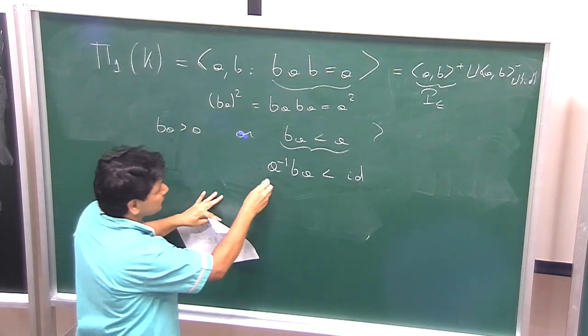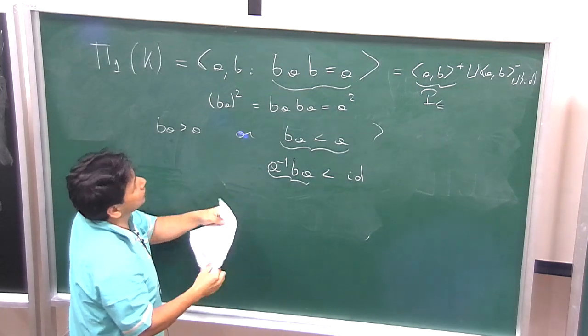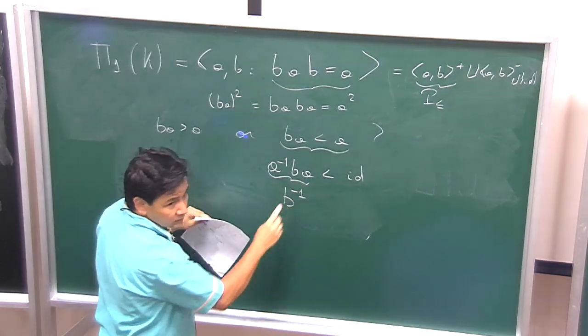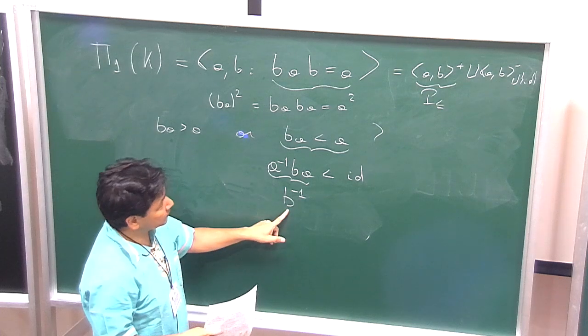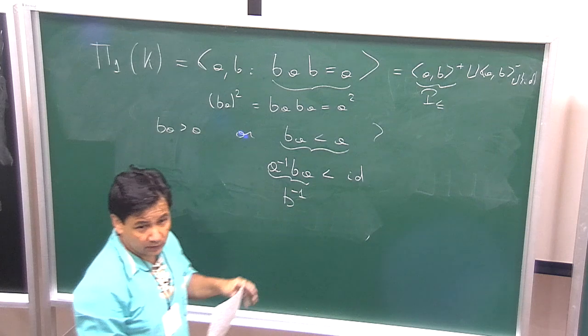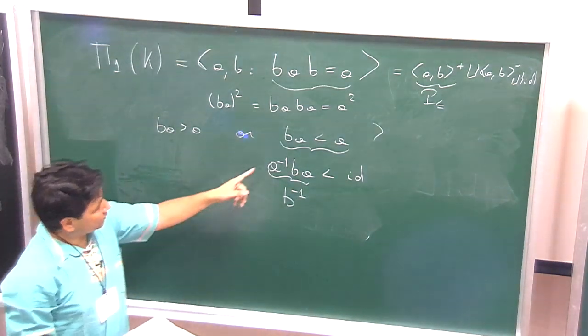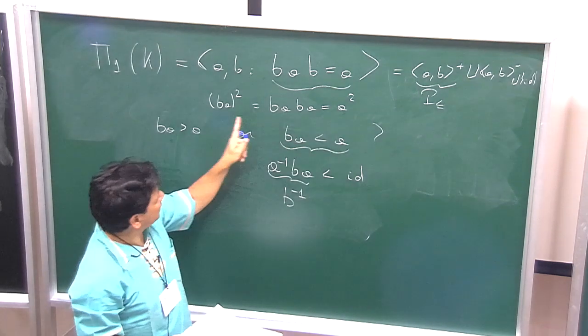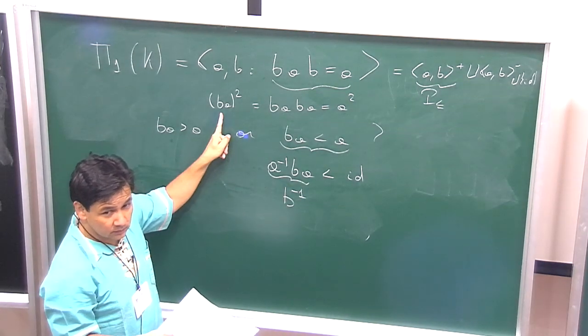Okay? But what is a inverse b a? If you go here, a inverse b a equals b inverse. Okay? And b inverse is in the negative cone of the order that I am considering. Okay? So a is larger than ba, but the square of a is equal to the square of ba.